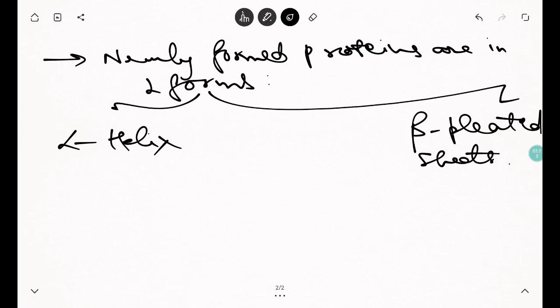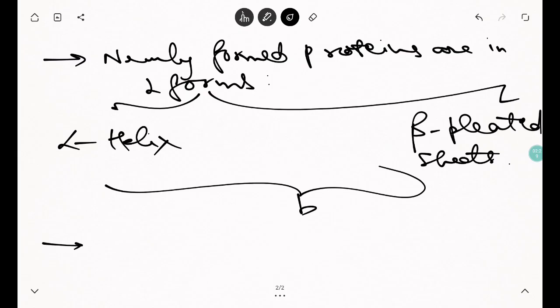Okay. So now, what do we need to learn or remember? What we need to understand here is that the normal protein folding is very important for the normal functioning and transport of protein across cell organelles and intracellular or extracellular transport. Okay.